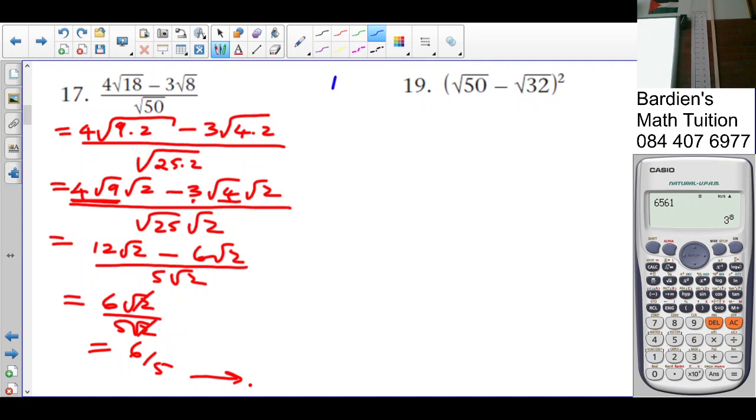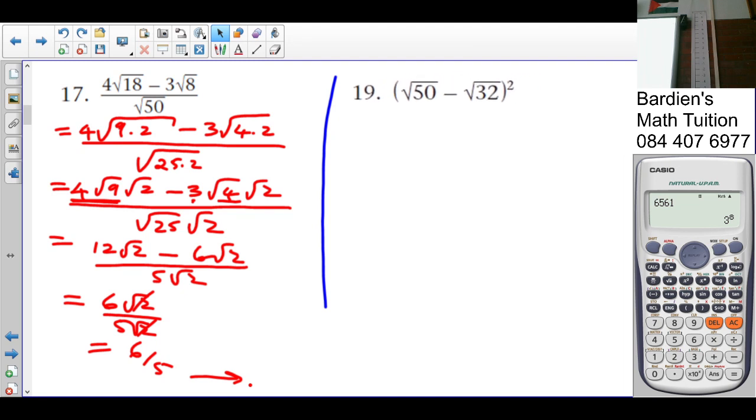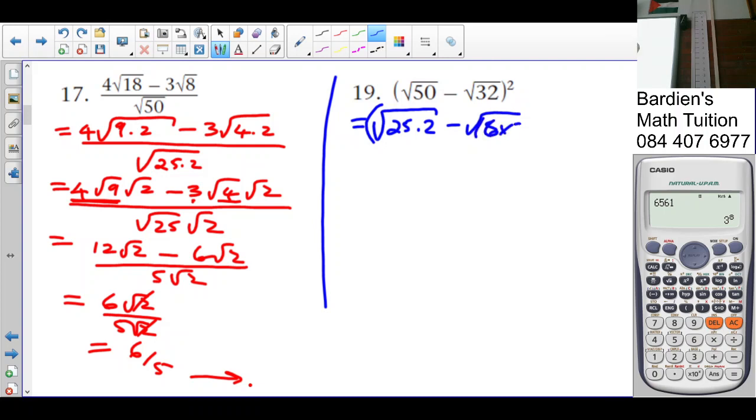The last one is on the board. I think the others is further down. So 50, I can do one of two things. I can either use the binomial square at this point, or I can simplify. I'm going to go and simplify. Well, I'll do it both ways for you. Okay, so it's going to be the root of 25 times 2 minus the root of 16 times 2.